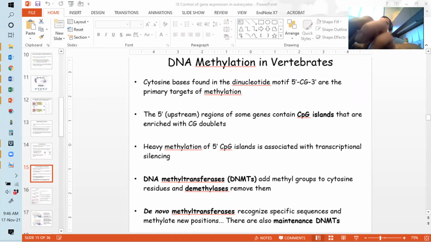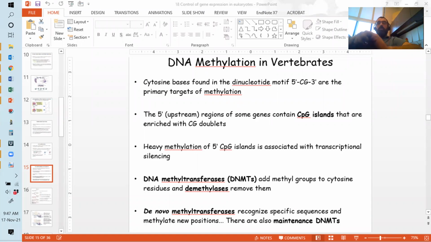Histone deacetylases, which are called HDACs, and histone methylases, or methyltransferases, actually, HMTs, equal gene silencing.